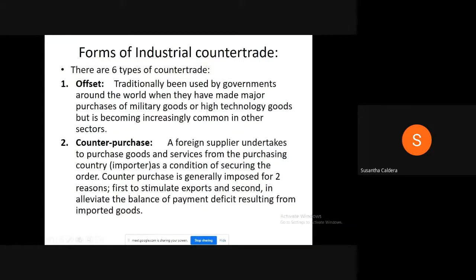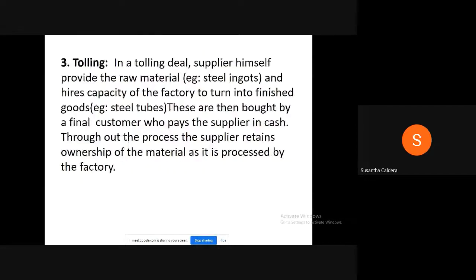Right. Generally important, tolling. These are then bought by a final customer who pays the supplier in cash.